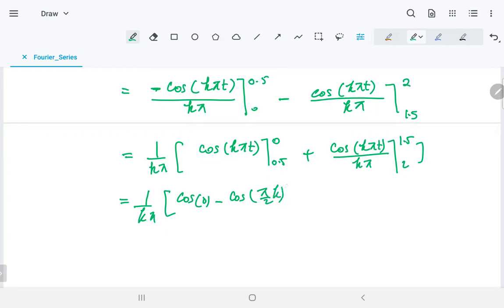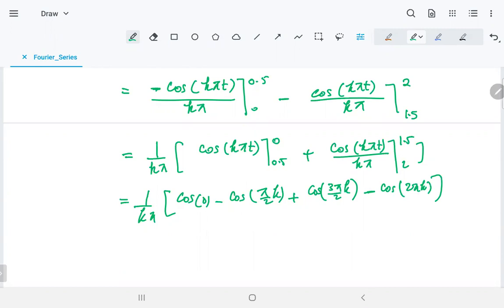Let's continue, plus I put 1.5, 3 over 2, so I have cosine 3 pi k over 2. Because I'm substituting by t, not k. We're integrating with t. Minus, I put t equal 2, so you have cosine 2 pi k. Here you go. That's what we have.